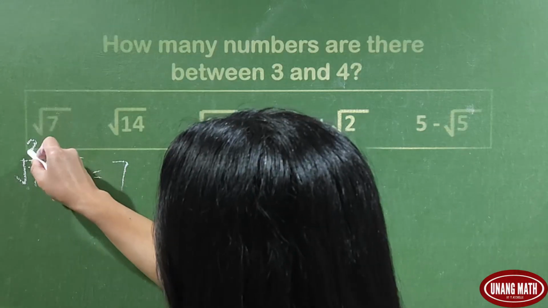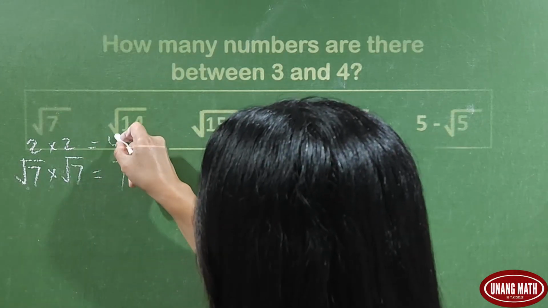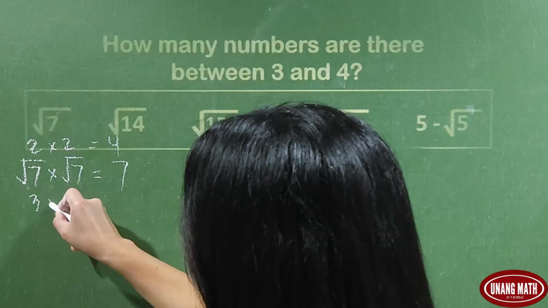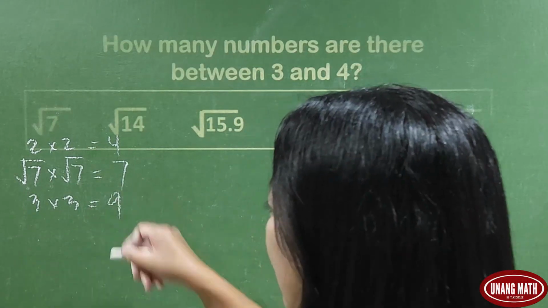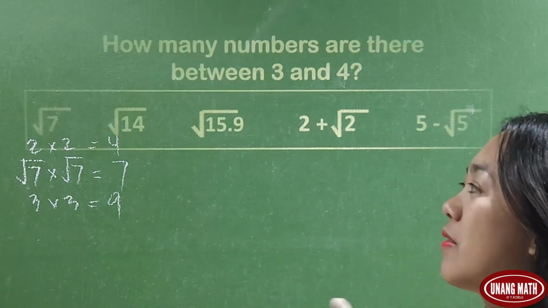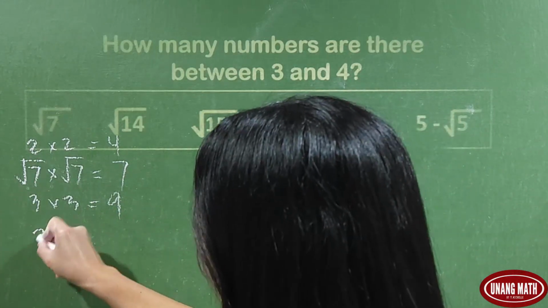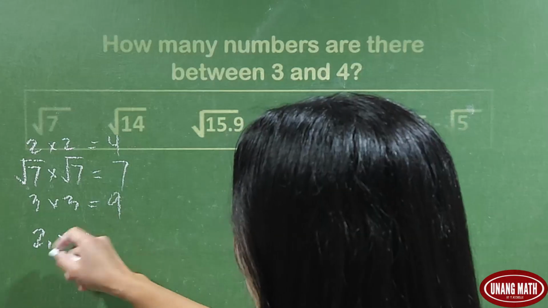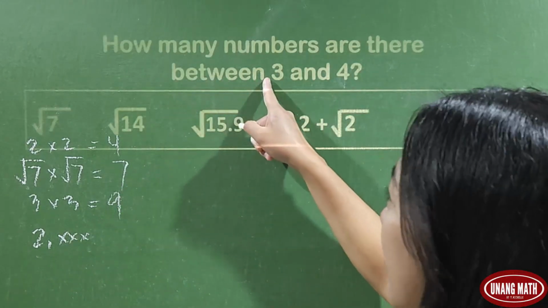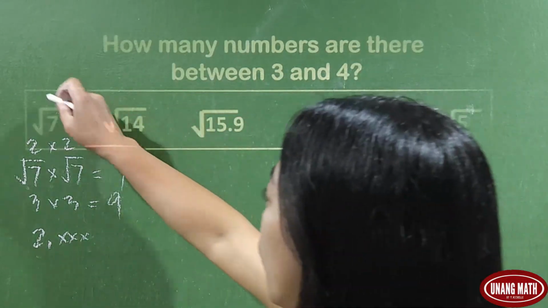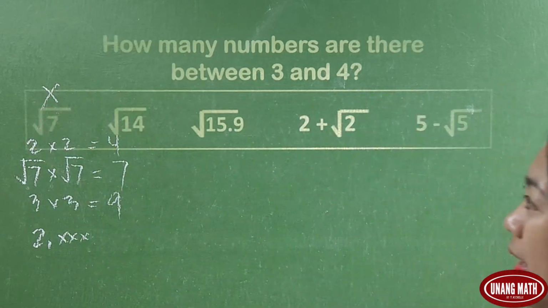If it's 2 times 2, then this is 4. If it's 3 times 3, then this is 9. So it means square root of 7 is between 2 and 3. So this is 2 point something. And 2 point something is not between 3 and 4. So square root of 7 is not an answer.